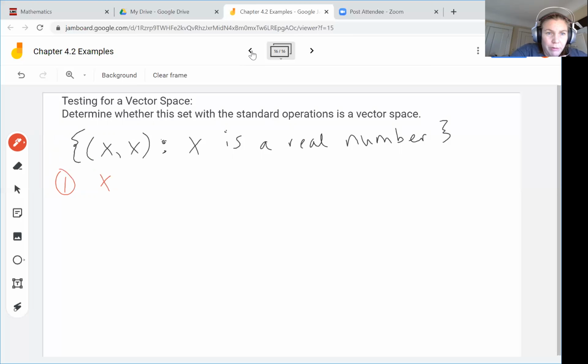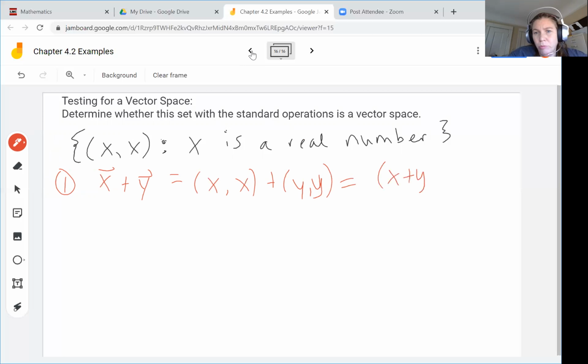So x plus y as vectors is going to be (x, x) plus (y, y). That's going to be component-wise (x plus y, x plus y). Well, that's still in the set, right? These are still identical components, and they're both still real numbers. So it's closed under addition.